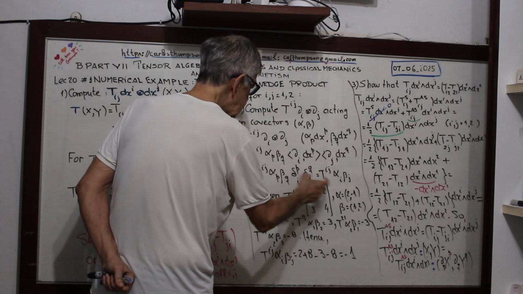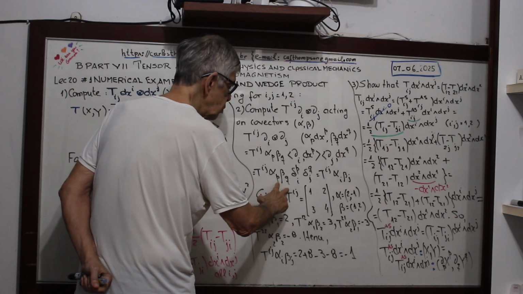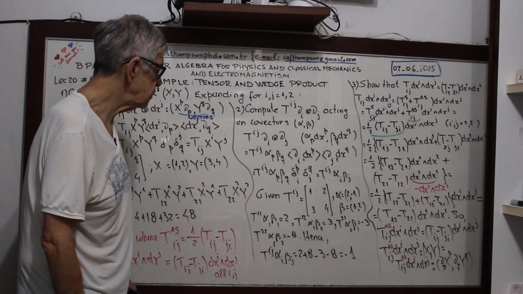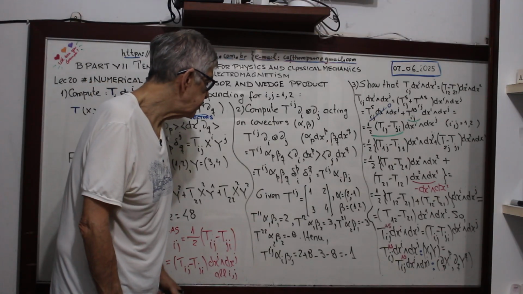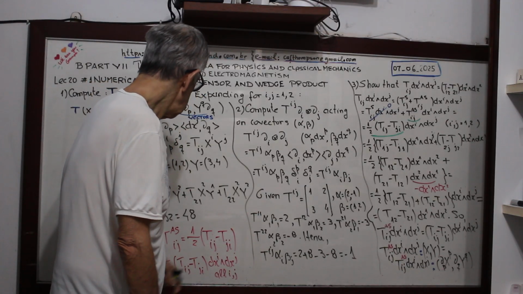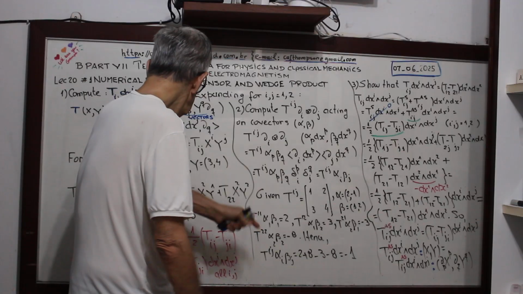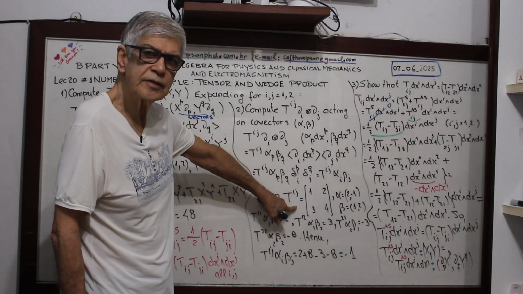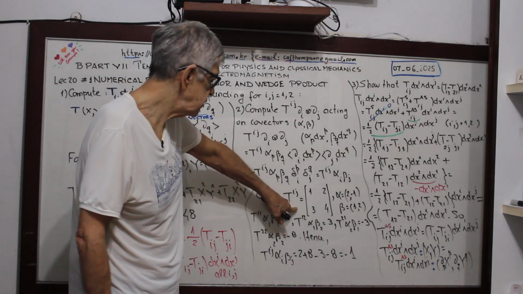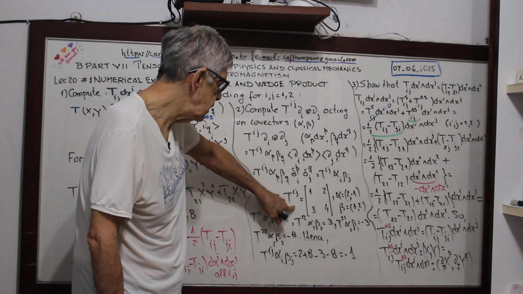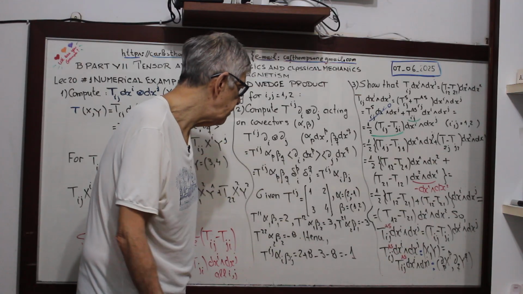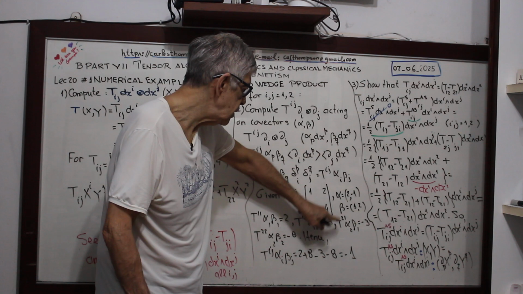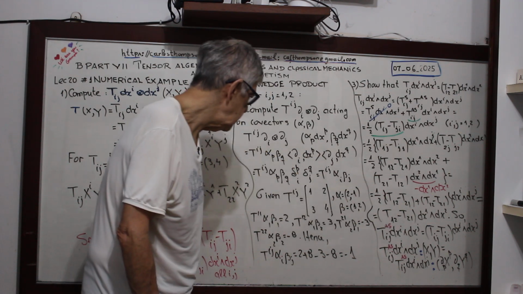So this acting on p and q leads to alpha_i and beta_j. Now, in this case, these are the components of the contravariant tensor T^ij, just 1, 2, 3, 4, okay? And alpha has components 2 and minus 1, beta 1 and 2.